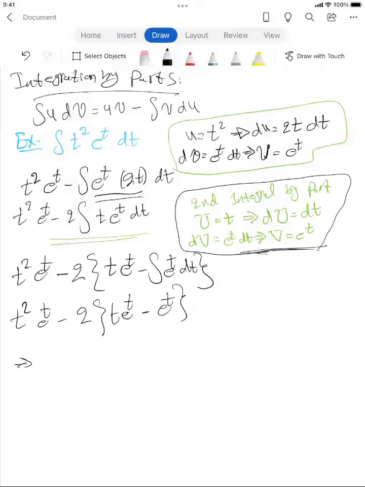So the final answer becomes t squared e to the t minus 2t e to the t plus e to the t plus constant.